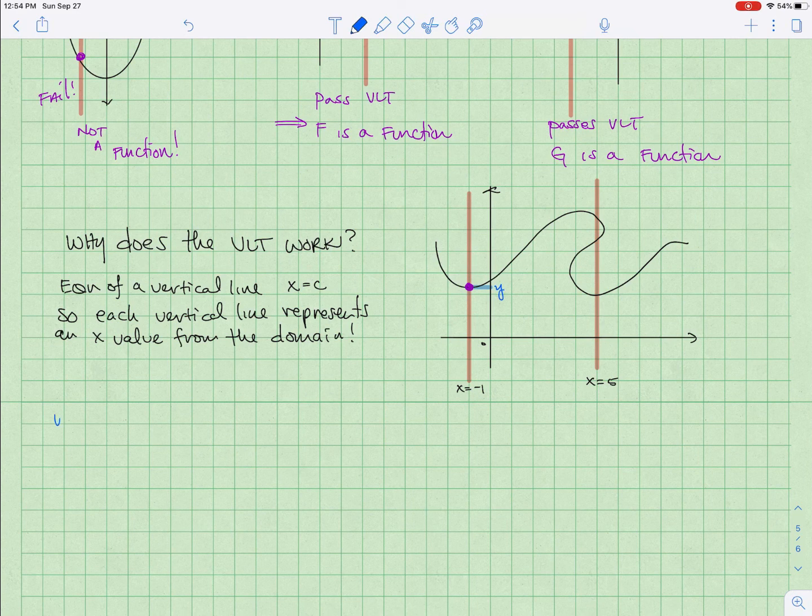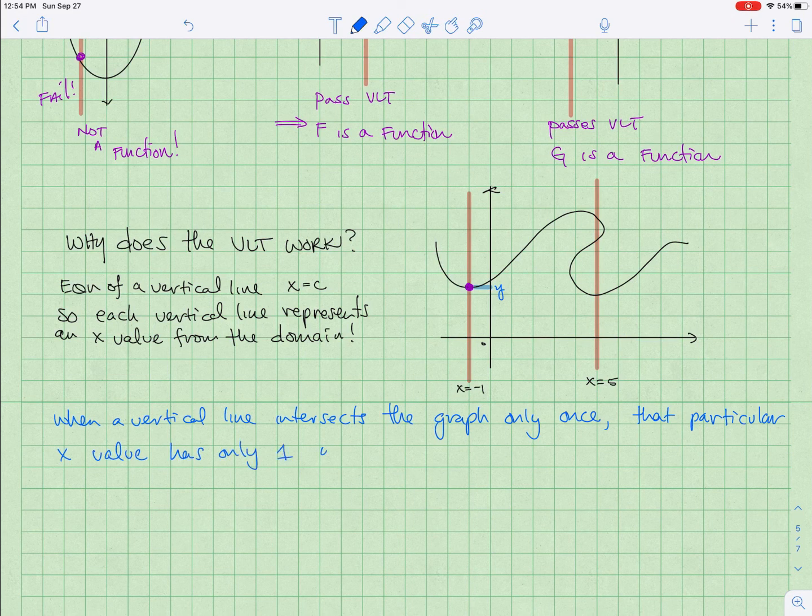So when a vertical line intersects the graph only once, that particular x value has only one y value associated with it, corresponding to it.